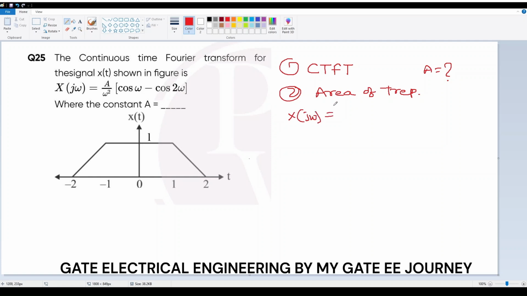How can we simplify? He has given A by omega square into cos omega minus cos 2 omega. For simplification of this expression, we have to use the Taylor series.